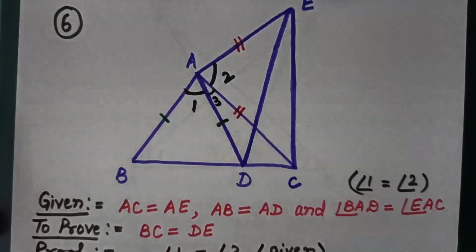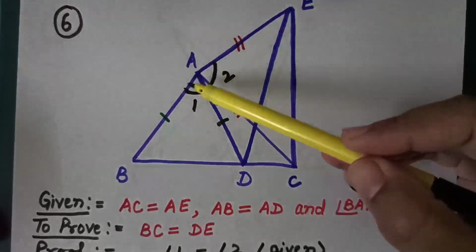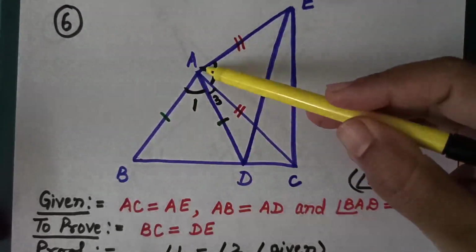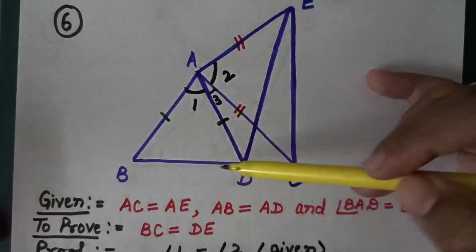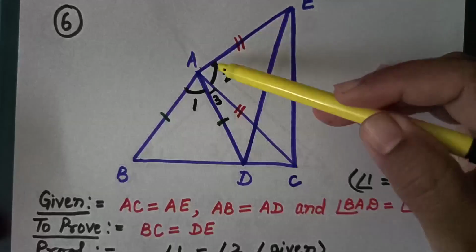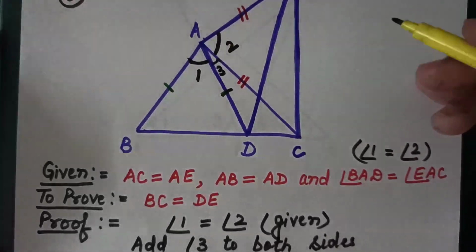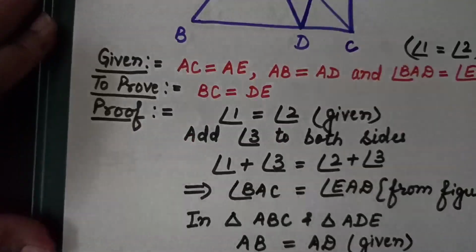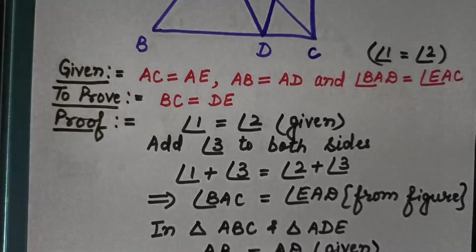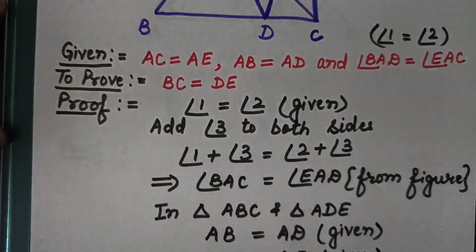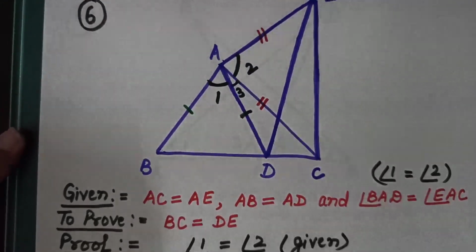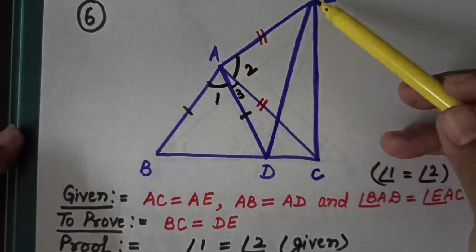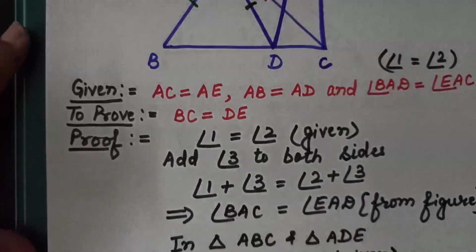Now I will take a pair of triangles as ABC and ADE. So I am going to prove that triangle ABC and ADE, these are two congruent triangles. So let me write down. So in triangle ABC and ADE, AB and AD, they are given to be equal according to the figure. In the same way AC and AE, they are also equal.